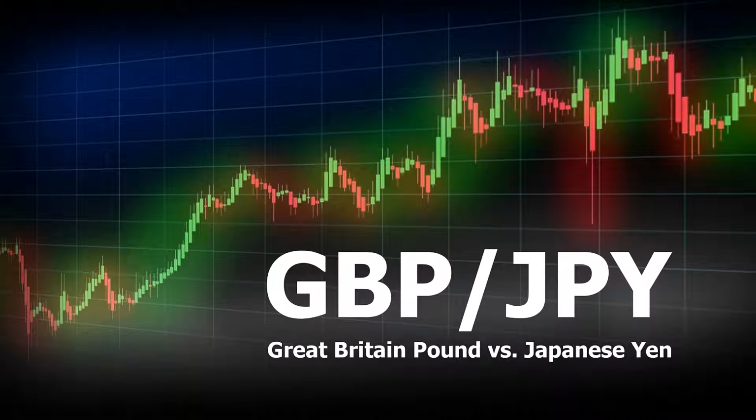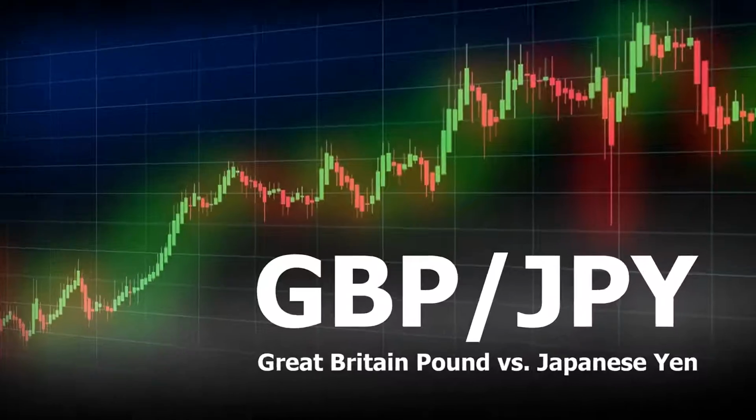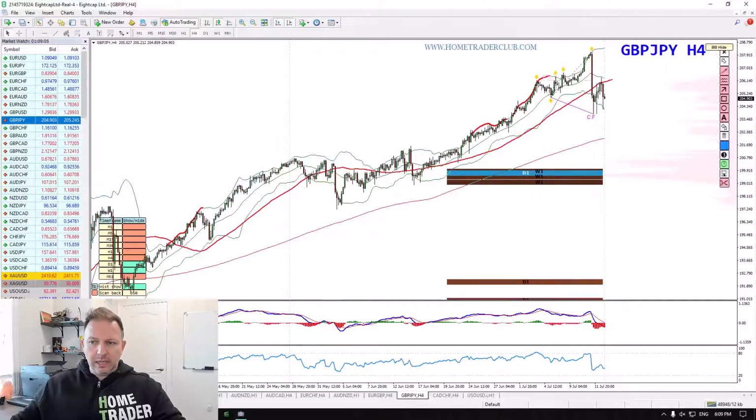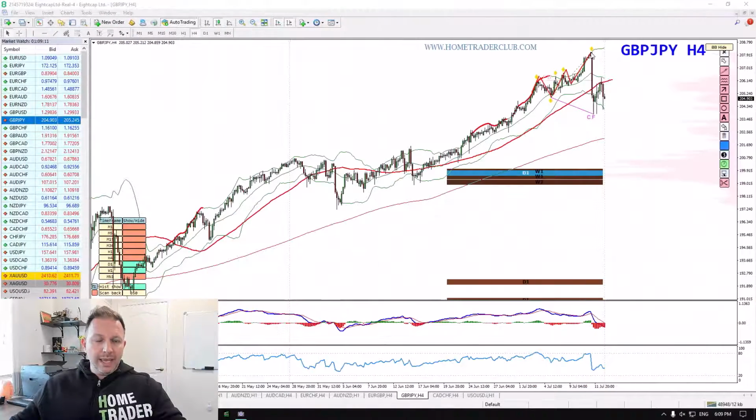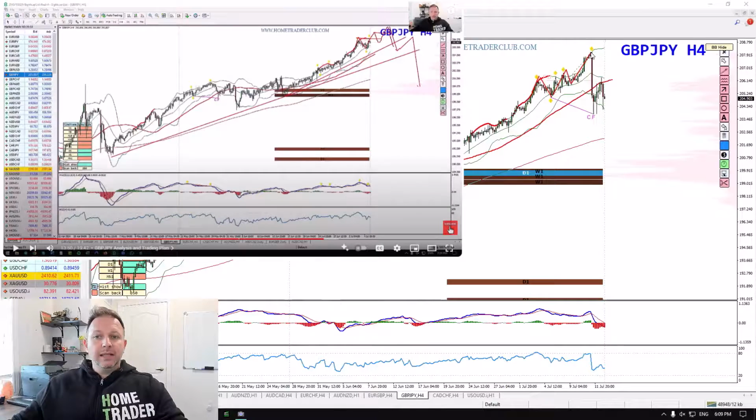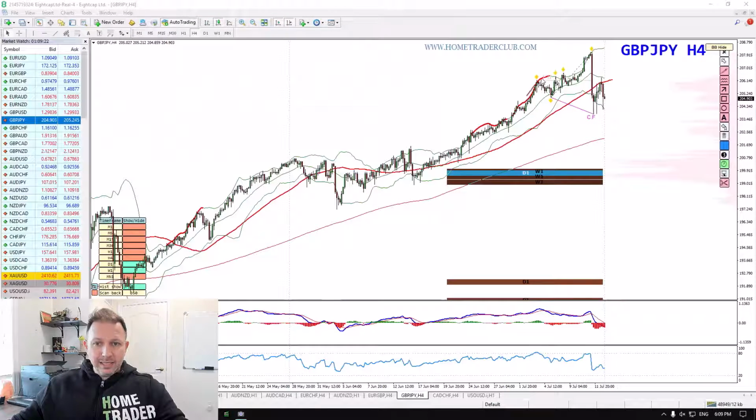The next pair for today, pound yen, another rock star. We discussed it last week, and as you remember, our plan was to see a false breakout, fake highs from around the 208 to 211 zone, and as soon as it happens, we expect to see a drop down. So here we are, exactly as expected.